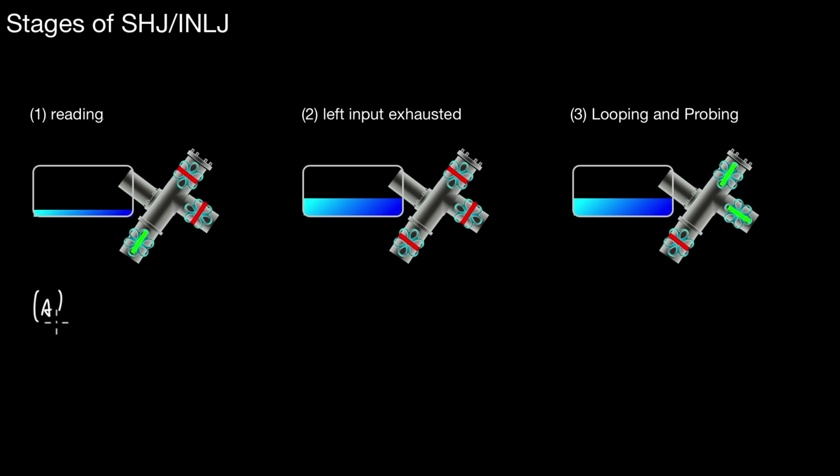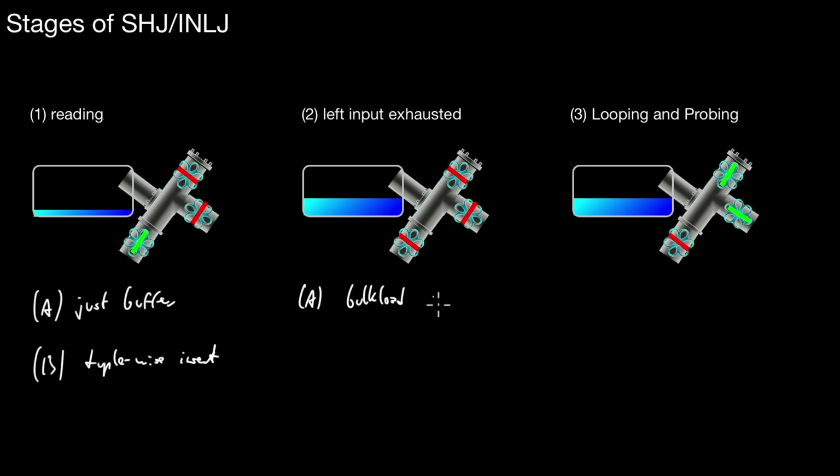Option A, let's call it just buffer, or option B is tuple-wise insert. If you're in option A, if you just buffered, you bulk load the index, of course. In option B, you're basically done already. The index is already there.